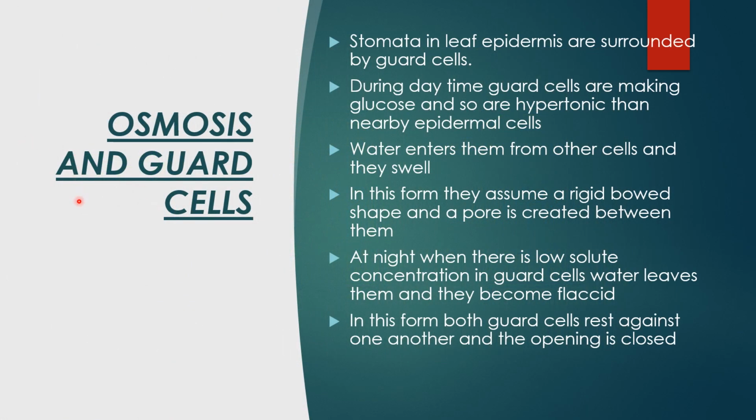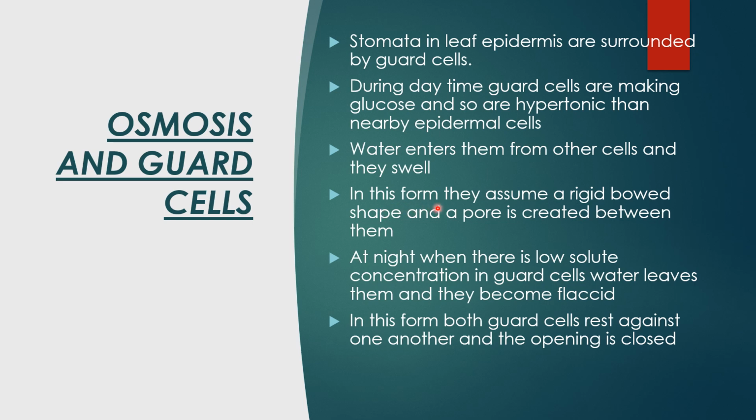Now the next topic of the book is osmosis and guard cells. Stomata in leaf epidermis are surrounded by guard cells. During daytime, guard cells are making glucose and so are hypertonic than nearby epidermal cells. Water enters them from other cells and they swell.